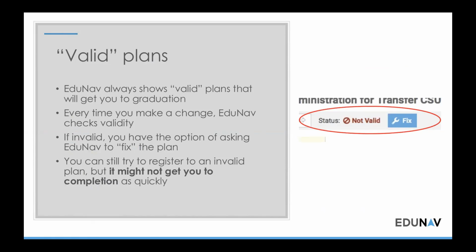Now, you can still try to register to an invalid plan, but one, you may not be able to if you're not eligible for the courses you've added, or it may let you, but that may not be the optimal path to completion. So the concept of valid versus not valid is really important, and it's just something you'll need to watch as you make changes. But we'll demonstrate that in a minute.